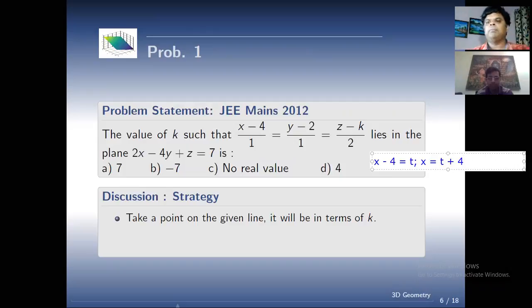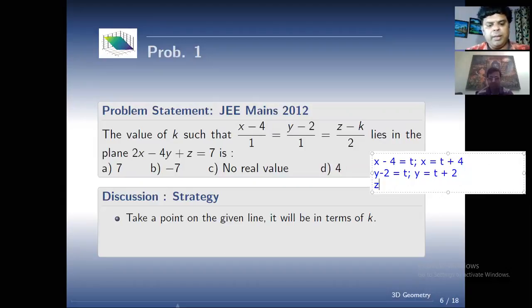Similarly, I have y minus 2 here, and that is equal to t as well. So y minus 2 equals t, which means y equals t plus 2.